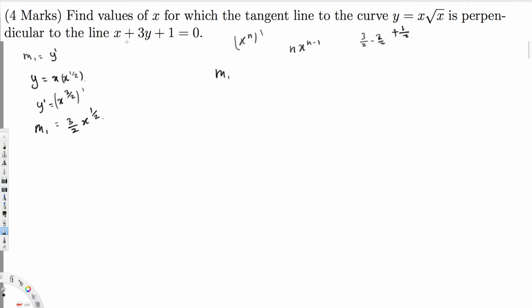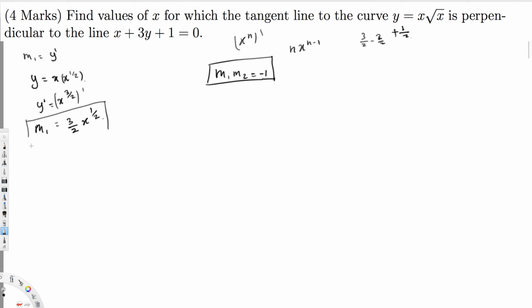And if I find the slope of the given line, let's say this is m2, and if I multiply these, I will get negative 1. So this is the general relationship between these two: if you have a line and the tangent line to the curve are perpendicular, if you multiply both slopes, you will get negative 1. So that's the relation.